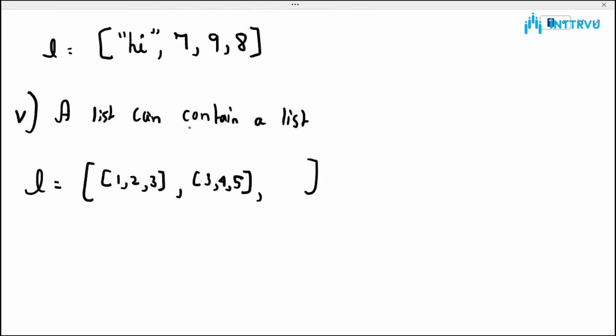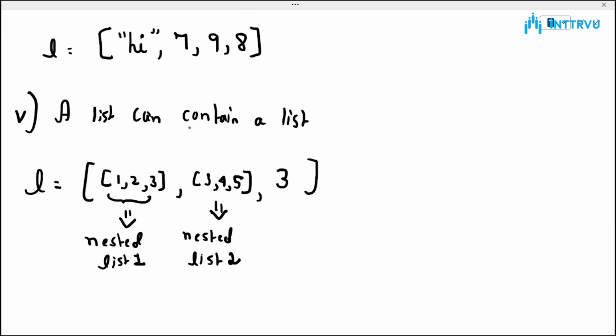And then maybe I can follow that up with a single integer type element. So it's totally fine. These lists are called nested lists. This is nested list 1. This is nested list 2. And this is just an element.